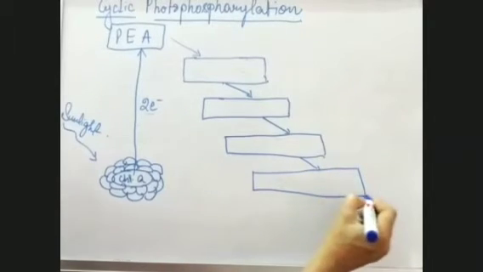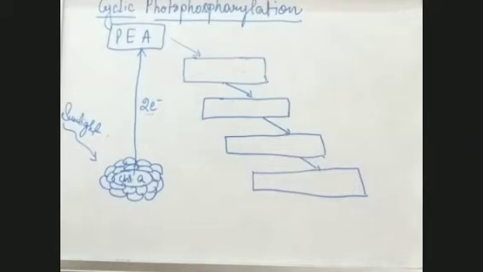So we have a chain of complexes through which the electron travels.